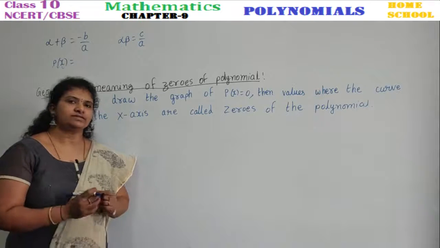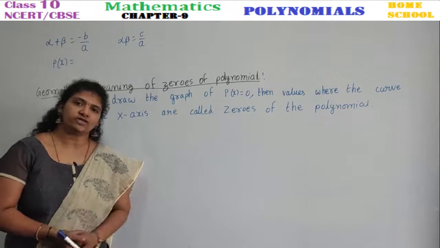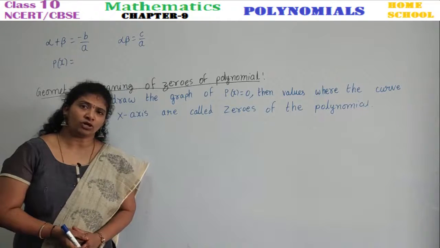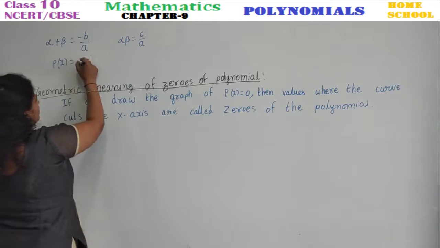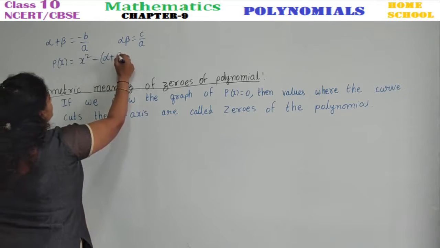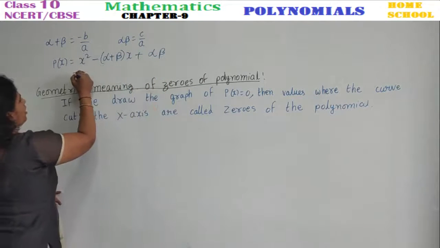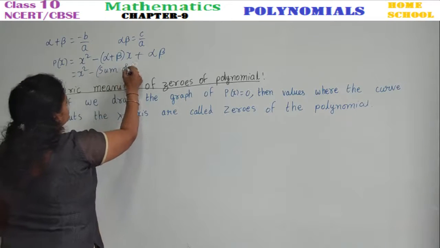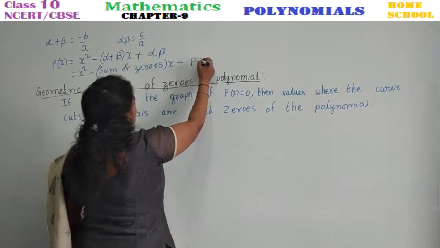In your exercises there will be one type of question, that is, if sum of zeros is given and product of zeros is given, find the quadratic polynomial they will ask. How can we frame the polynomial? We should know a small formula, that is p of x is equal to x square minus sum of the zeros into x plus product of the zeros.